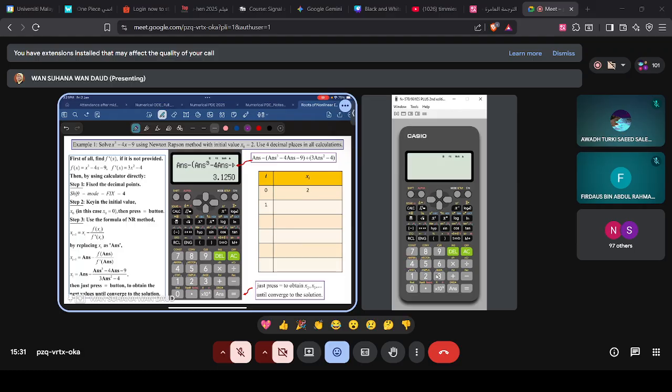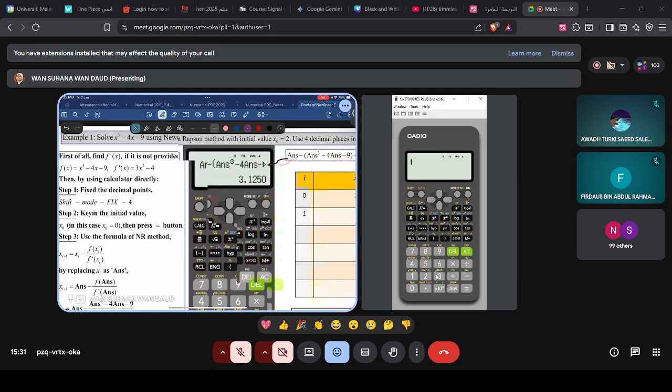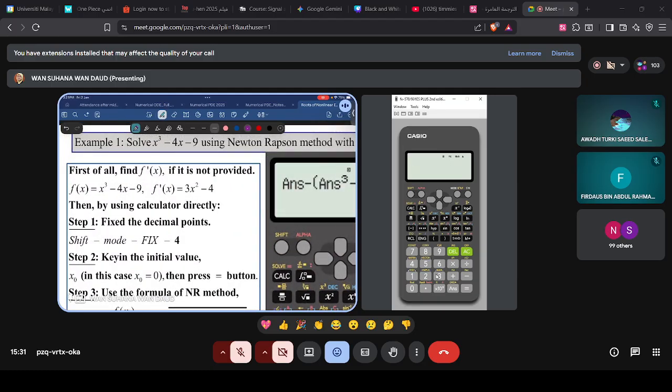Then the second thing is you have to make sure you have differentiated f(x). The f(x) given in the question is x cubed minus 4x minus 9. Some questions provide you the differentiation f prime, but if it is not given in the question, you have to do the differentiation.